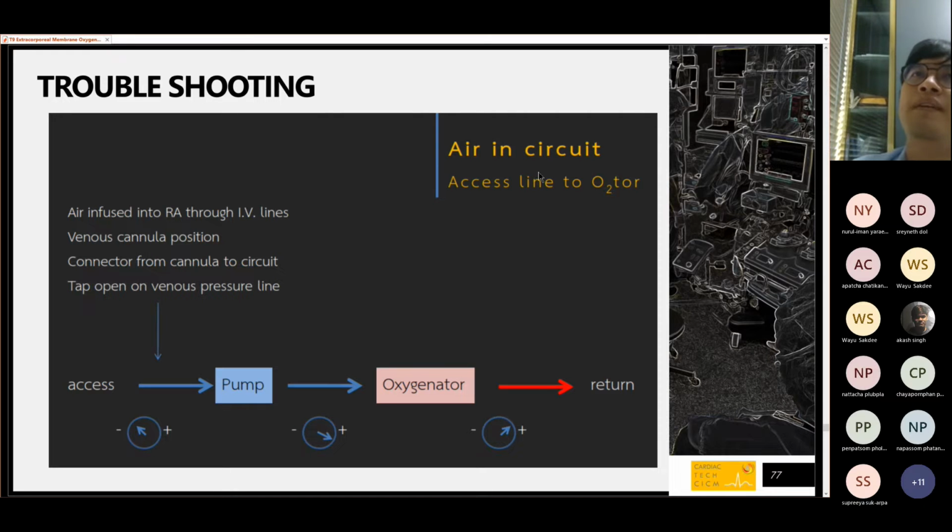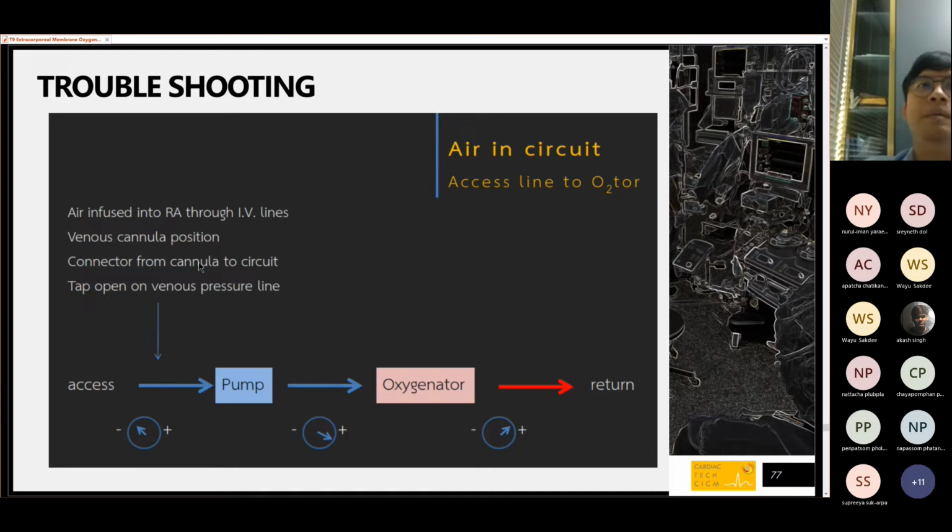If air in the circuit occurs, it may occur from the access line to the oxygenator. The air may be trapped because this part is under negative pressure, right? It's easy to trap air into the circuit.